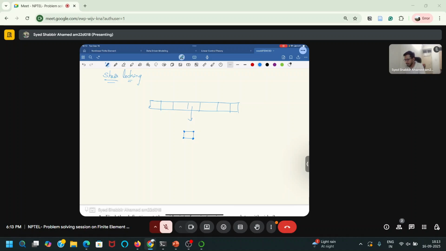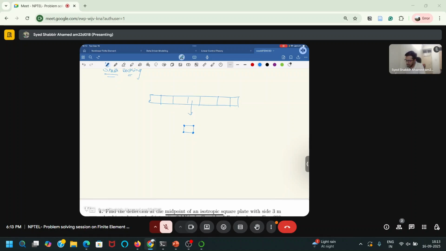But when a beam bends, this element will bend like this, because bending will obviously create a curved deformation like this. So this element has to bend like this.